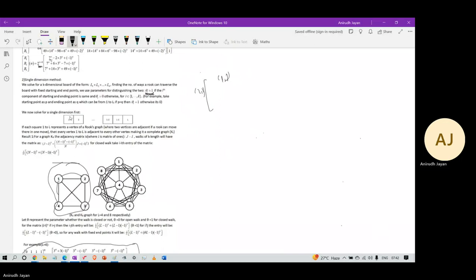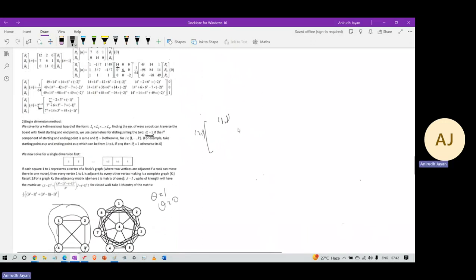Say I want to start from 1 and end at 1, then it's a closed walk. In the case of a closed walk, I will say theta equals 1, and theta equals 0 if I am not ending at the same starting point.